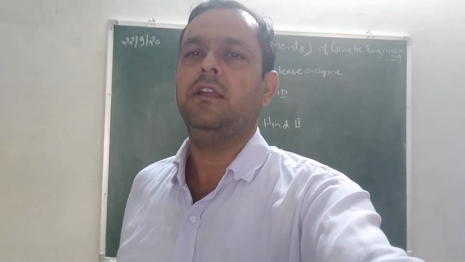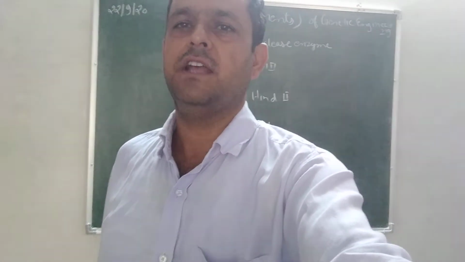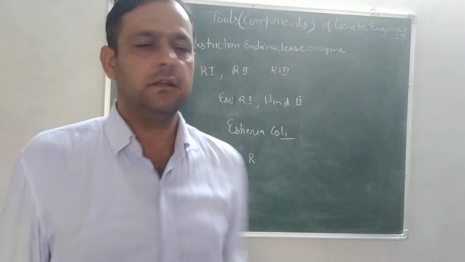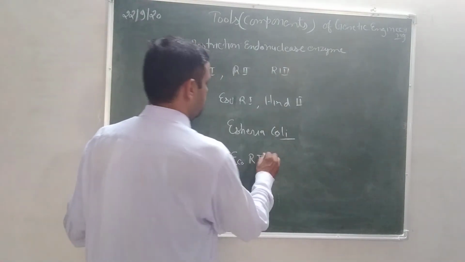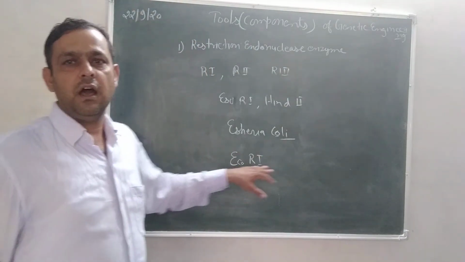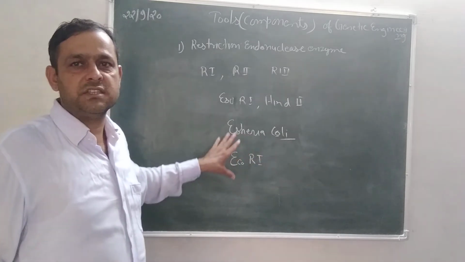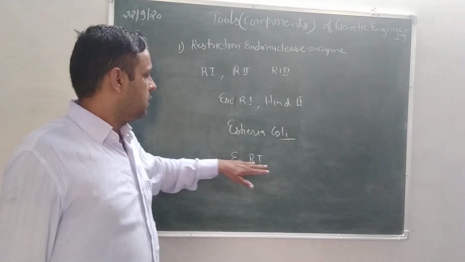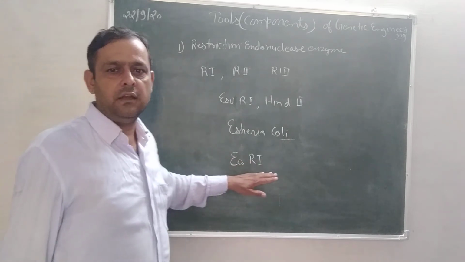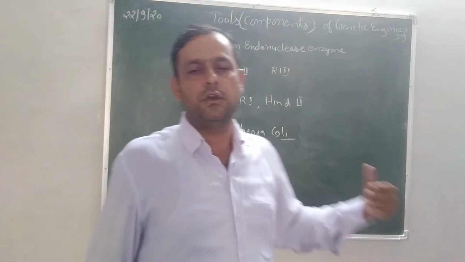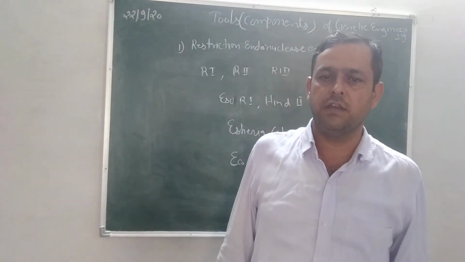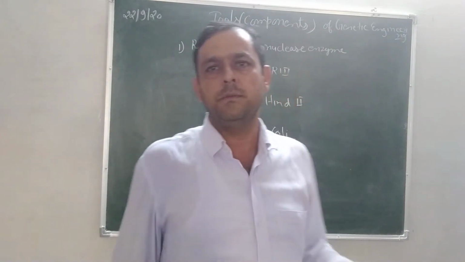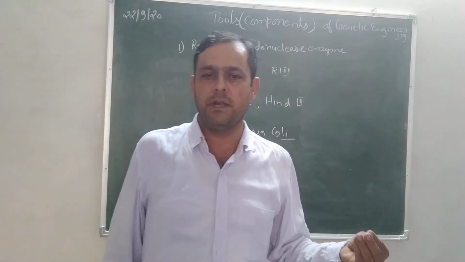Then we write the number of that enzyme in Roman numerals, like I, II or III.